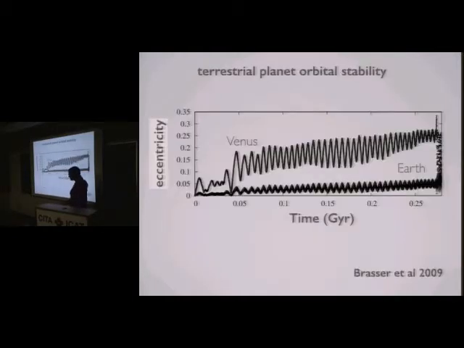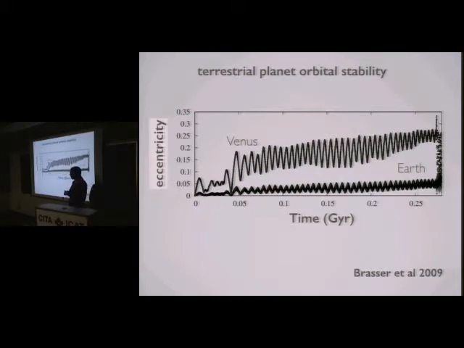And one of the things that could happen to Earth and the other terrestrial planets when this rearrangement happens is orbital instability.